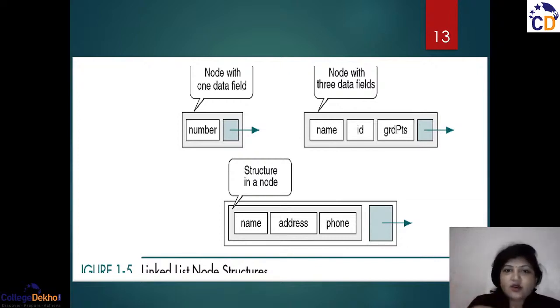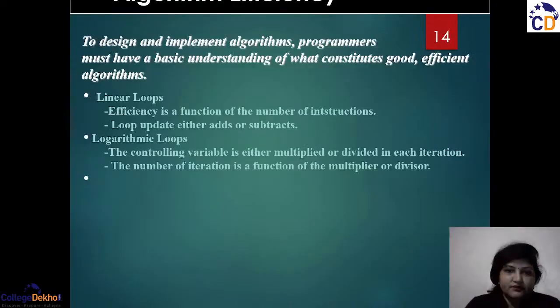These all are linear lists which have only a single link, and single link means the address of the next element in the list. Then a structure in a node: how to maintain a structure in a node? We can have any data type like name, address, phone number, and the link part contains the address that is pointing to the next element in the structure.